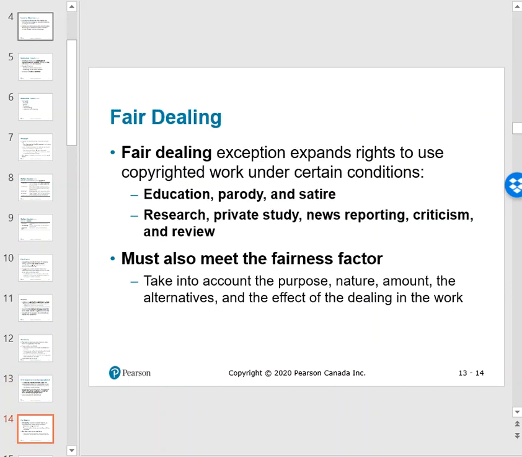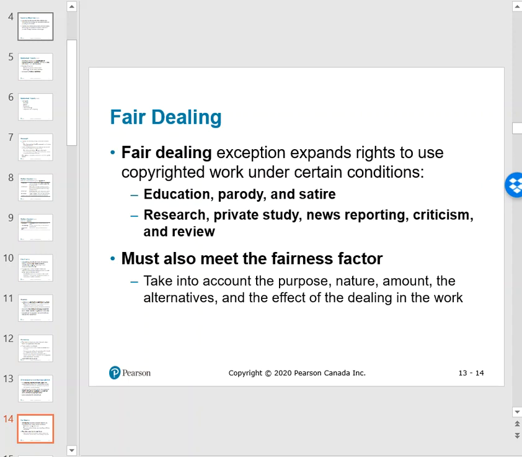Okay. There's an exception. Well, there are several exceptions, but one of the most important ones is the fair dealing exception. Fair dealing is a concept that allows us to use copyrighted material in a fair way.